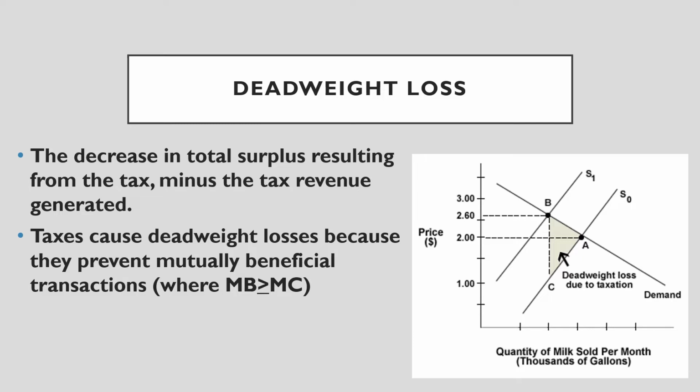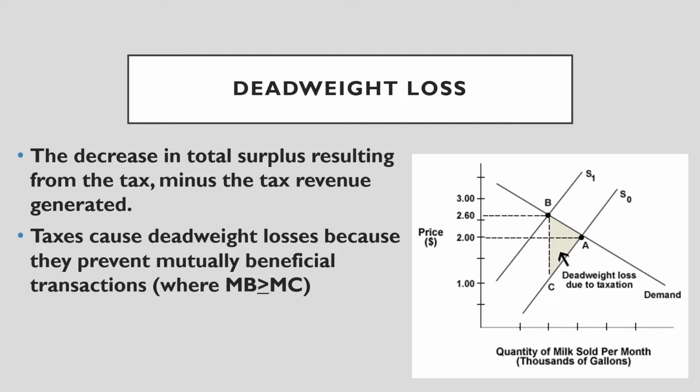Once you get to A, if we continue to move to the right and go higher on the supply curve and lower on the demand curve, what we now see is that marginal cost is greater than marginal benefit. And so those transactions shouldn't take place, and they wouldn't take place in an efficient market. The problem here is that because of the taxation, it is creating this wedge in price, and so the price ends up being at B, reducing the quantity of the units sold.